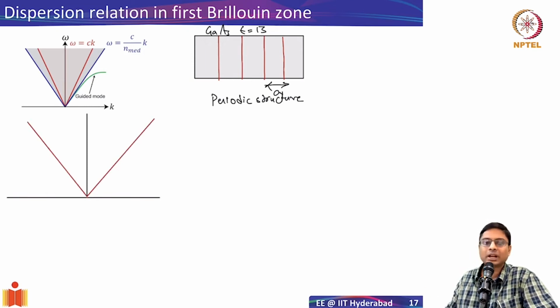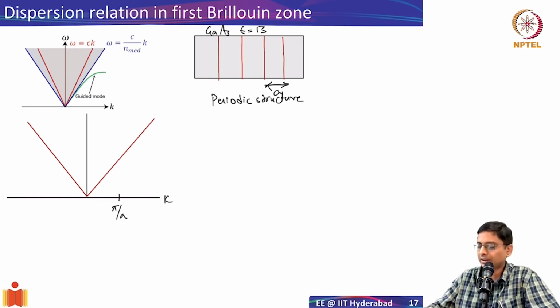Now we want to understand what happens at k equal to, let's say, pi by a. Why am I interested in this? Well, you'll see in a moment. Let's say what happens if k equals pi by a. We know that k is 2 pi by lambda, and that is equal to pi by a. So what does it mean?